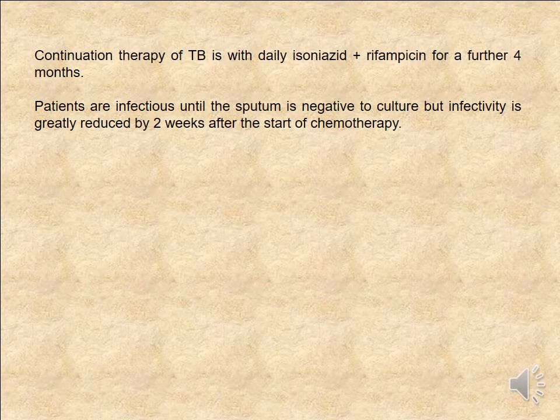The continuation therapy of tuberculosis is with daily isoniazid and rifampicin for a further 4 months. So we start with triple therapy for 2 months and continue for 4 months with 2 antibiotics. Patients are infectious until sputum is negative on culture, but infectivity is greatly reduced 2 weeks after the start of chemotherapy.